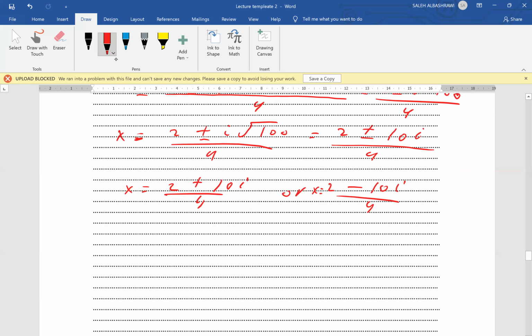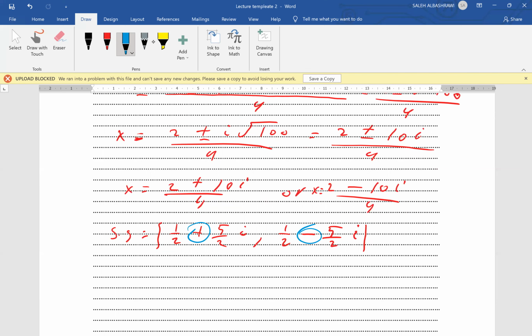So the solution set can now be written as 2 divided by 4 is 1/2 plus 10 divided by 4 is 5 over 2 i, or 1/2 minus 5 over 2 i. So these are the two complex solutions, and these are conjugates again. It is a plus and minus. The two solutions must be conjugates of each other if they are complex numbers.